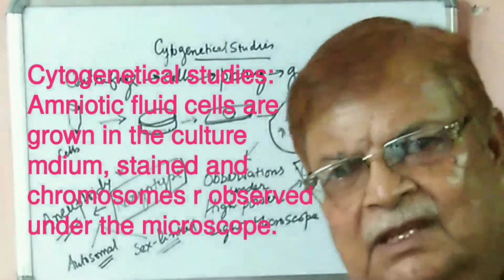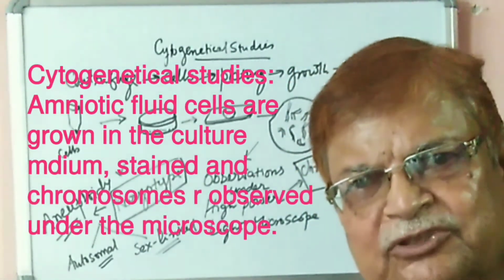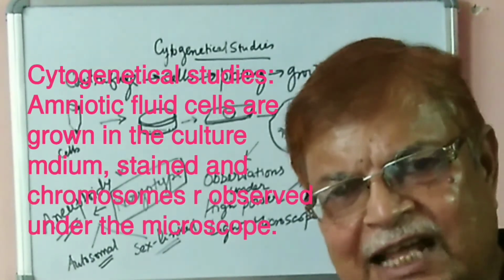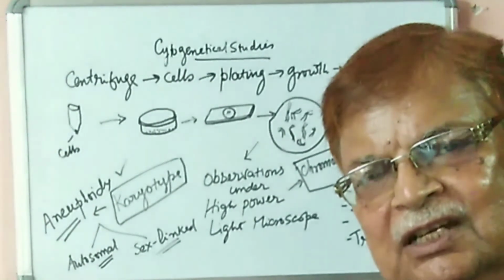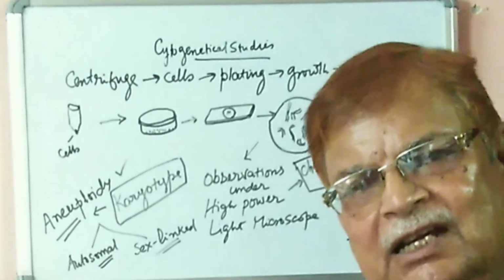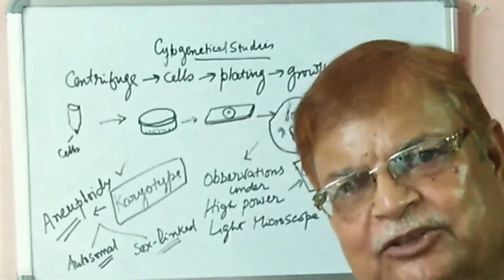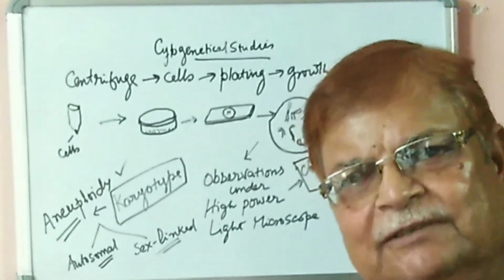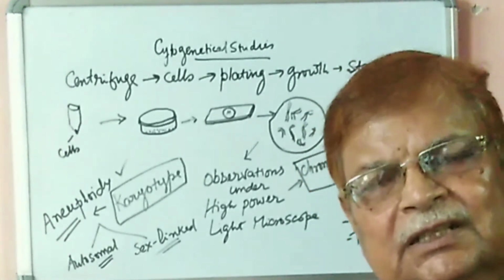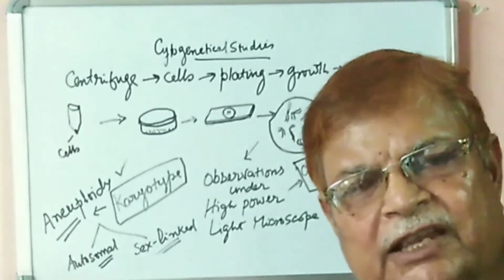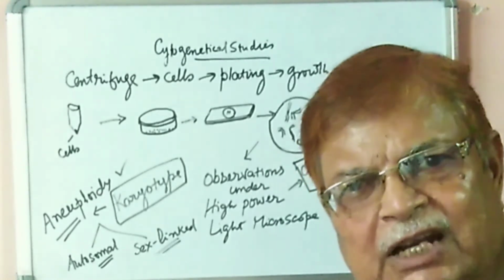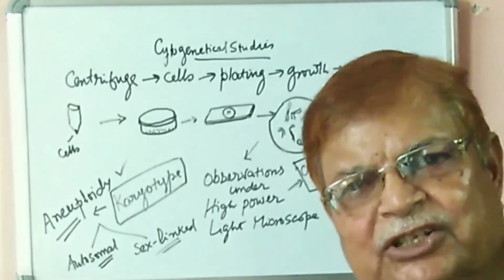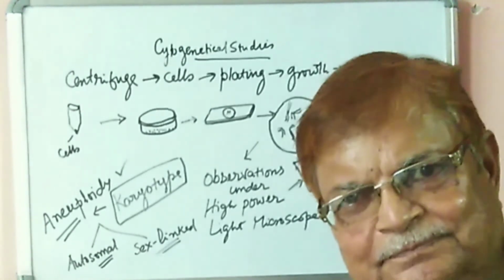Thereafter, they are stained, the chromosomes are stained by using various dyes, and once they are stained, the chromosomes can be visualized under the light microscope at high resolution, high magnification, and that observation will give an idea of not only the aneuploidy, that is change in the number of chromosomes, but will also ensure the aberrations in the chromosomes.